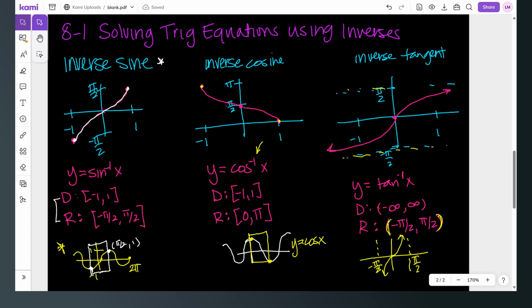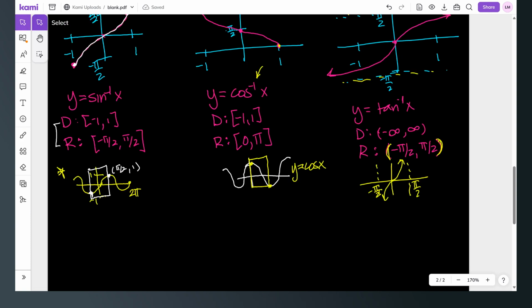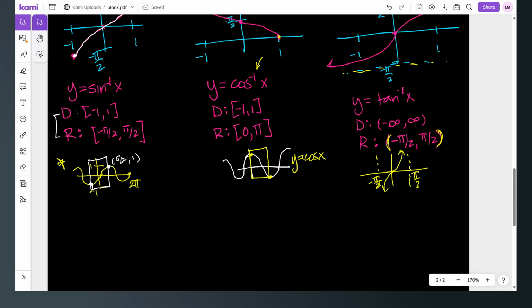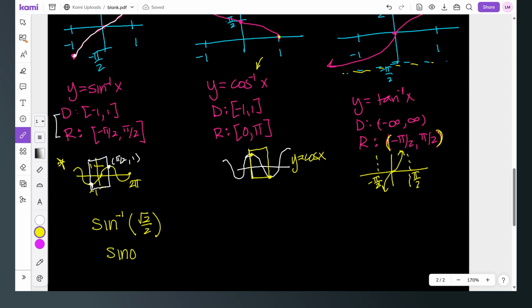All right, so let's talk about what this means when we're solving trig equations. And you'll need your unit circle for this. If they're asking me for sine inverse of square root of 2 over 2, it's asking me a question: what is theta, what is this angle measure whose sine is square root of 2 over 2?